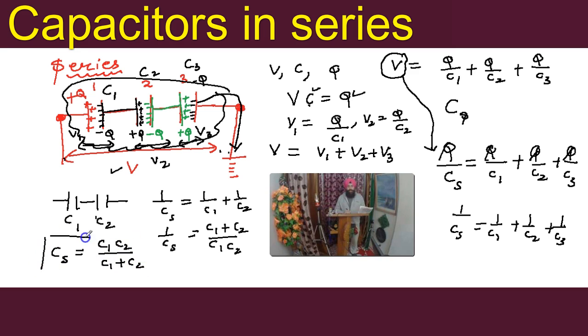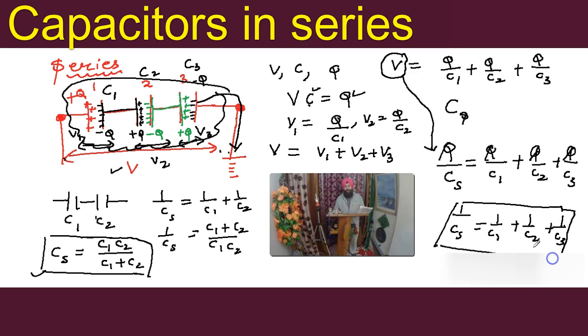This is the formula only when there are two capacitors. Don't think that for three capacitors it is C1 C2 C3 upon C1 plus C2 plus C3. That's wrong. This is the formula only for two. For three or more than three, apply the reciprocal formula. And for two, you apply this formula.